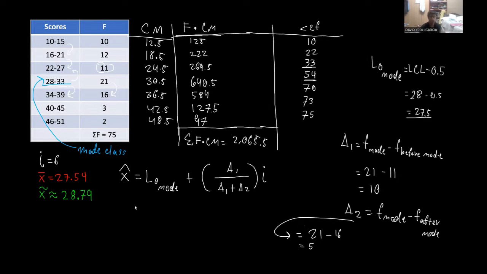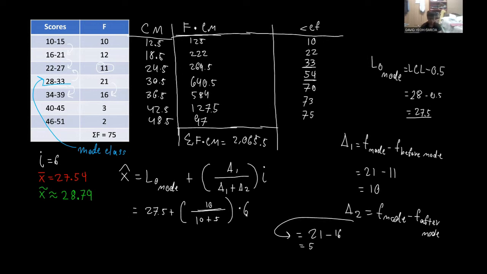So what we're going to do now is substitution, which is the last step. The lower boundary of the mode class is 27.5 plus delta 1, which is 10, all over delta 1, which is 10, plus delta 2, which is 5, times 6.